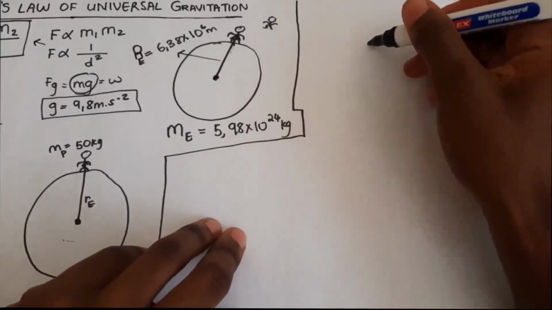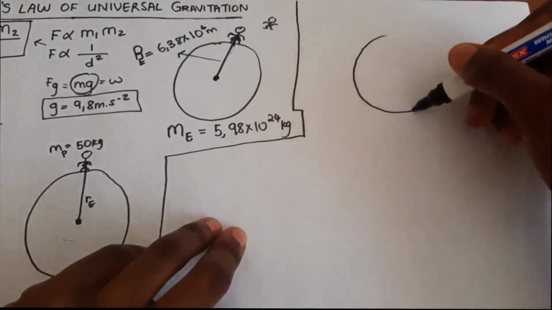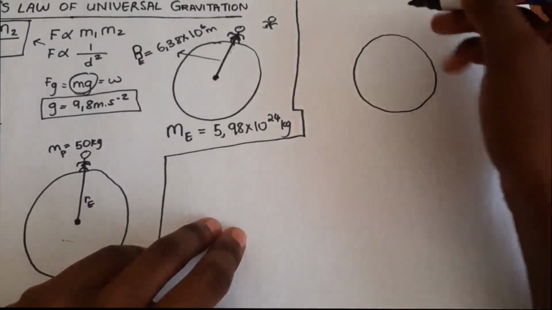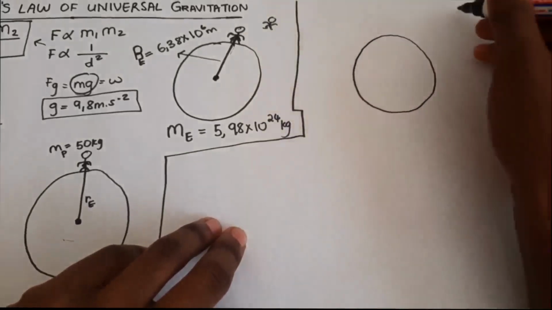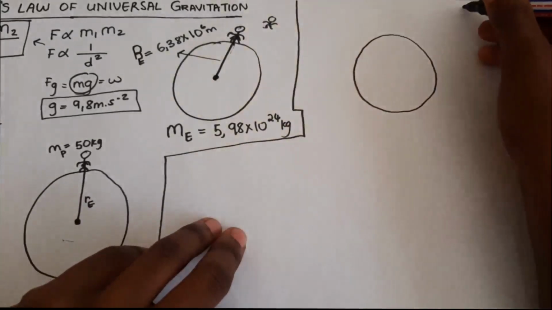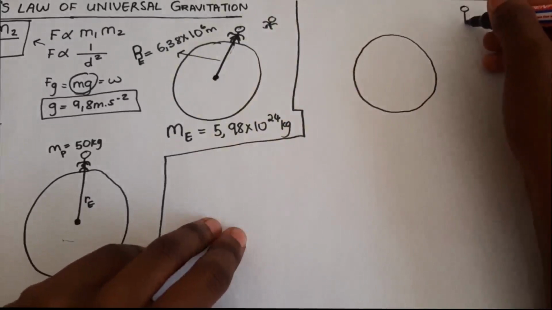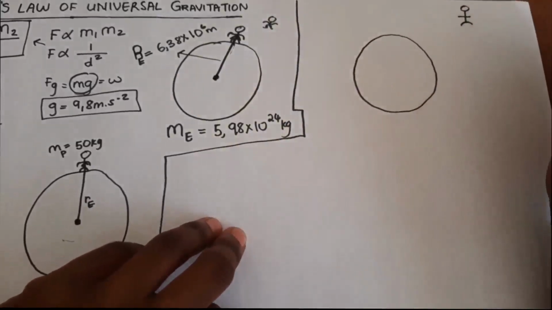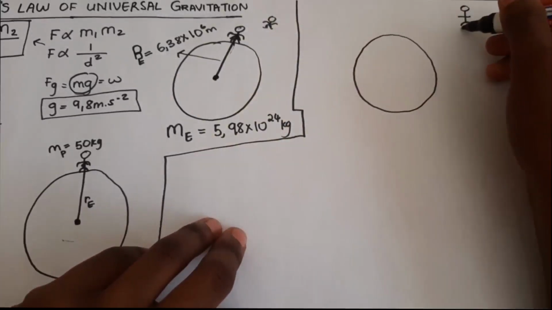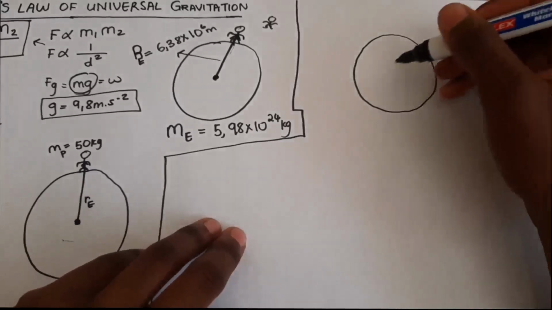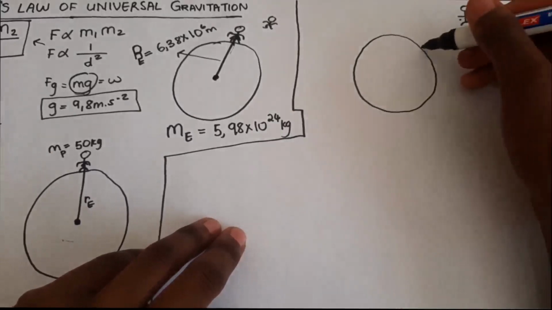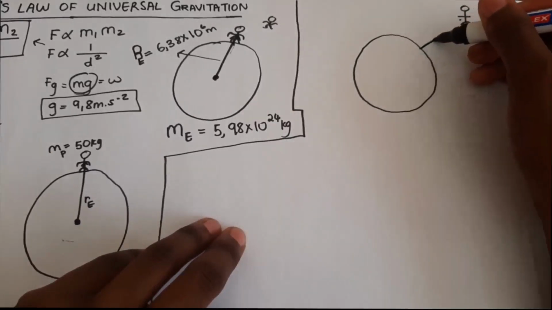Let's say right now the person is 8,000 meters away from the earth's surface. So this is the person. That person is 8,000 meters away. That person who is 50 kg in mass is 8,000 meters away from the earth's surface.